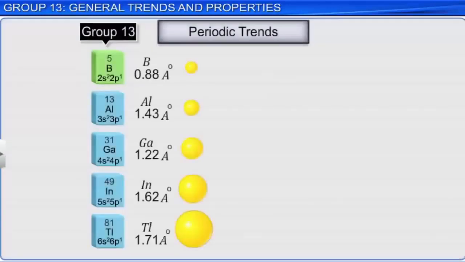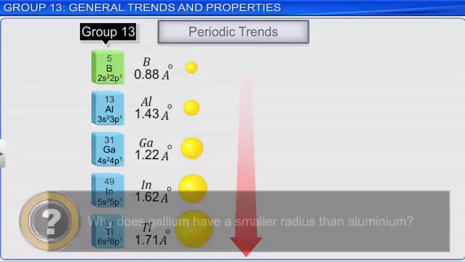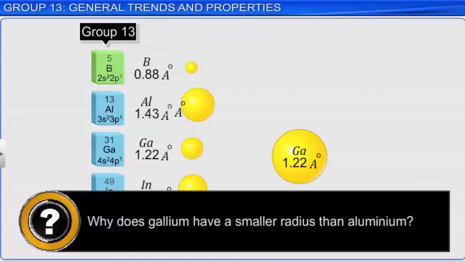In general, atomic radius increases down a column. However, this trend is not uniform. Try to answer this question before continuing. Why does gallium have a smaller radius than aluminium?